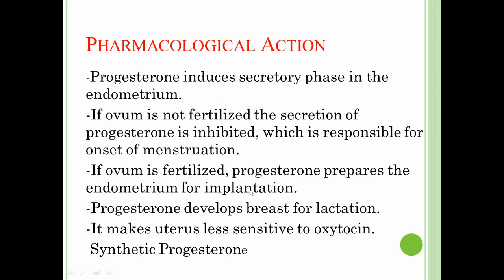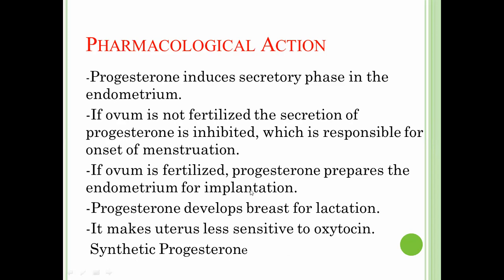Implantation is the stage of human reproduction at which the embryo adheres to the wall of the uterus. At this stage, prenatal development occurs, and the embryo is also known as a blastocyst. And if the ovum is not fertilized, then the secretion of progesterone is inhibited. If fertilized, then implantation occurs.